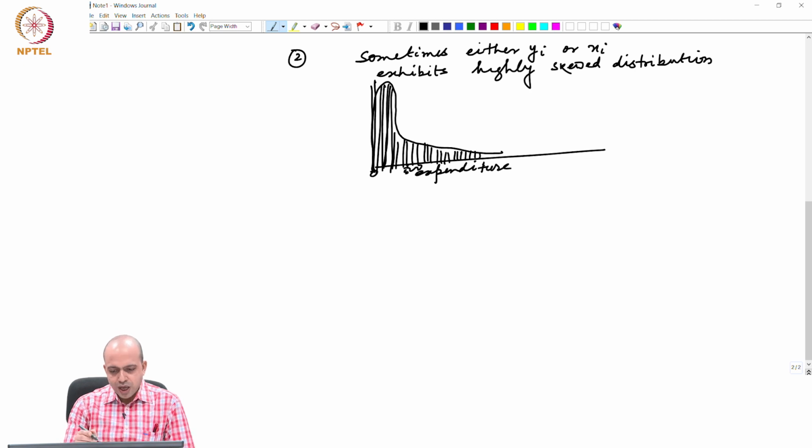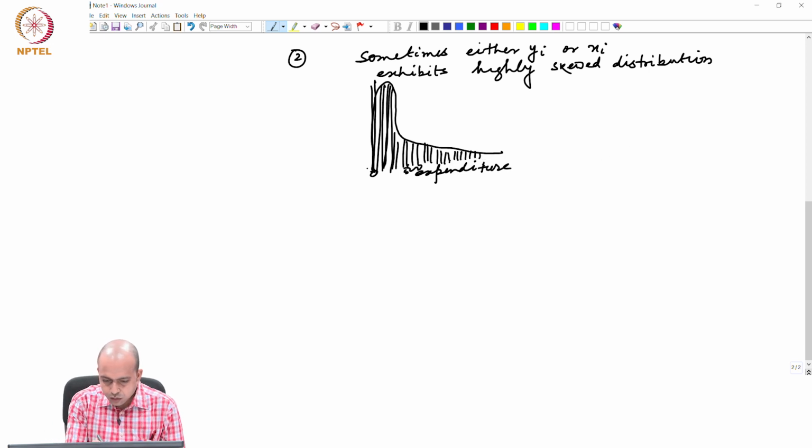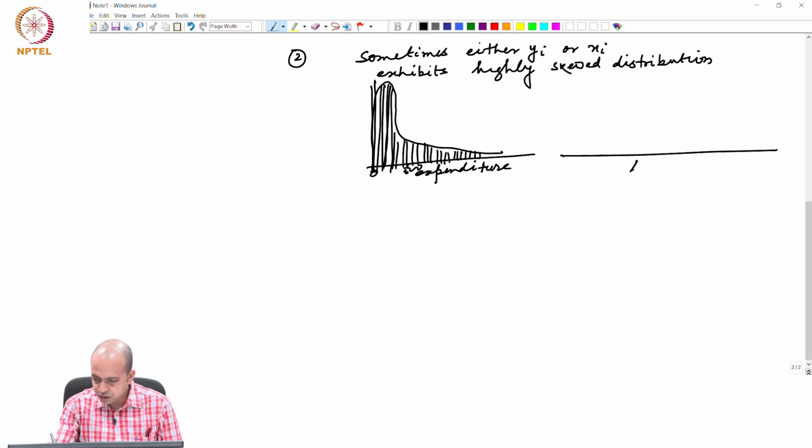Okay. And if you transform this expenditure into log, and then plot the log expenditure here, then the histogram will look like this.